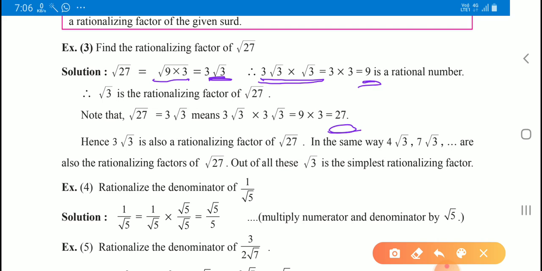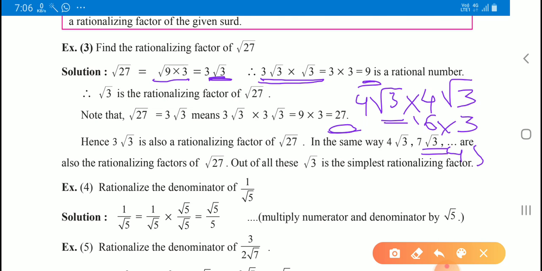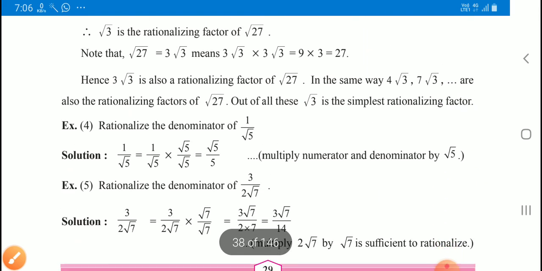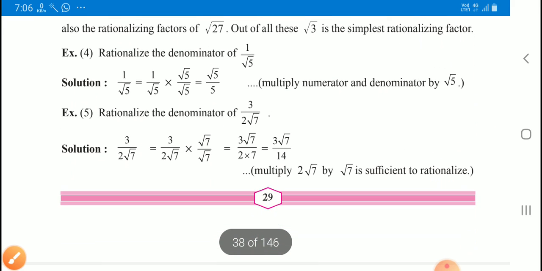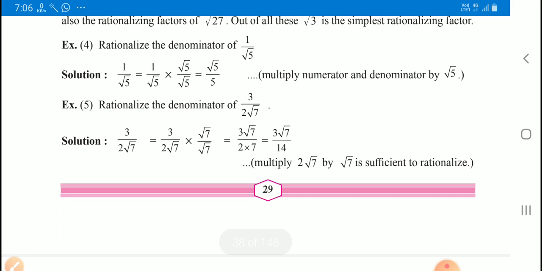Look, 4 root 3 into 4 root 3, what is your answer? 4 fours are 16 multiplied by 3, that is 48. Is this a rational number? Yes.